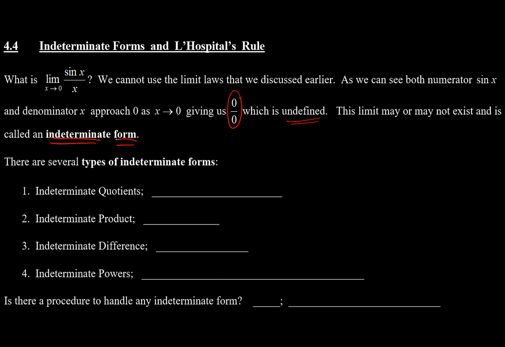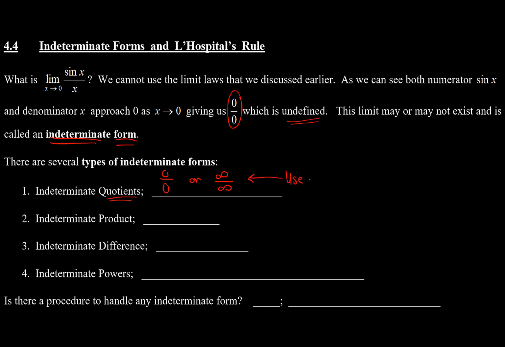All right, but these indeterminate forms are very prolific. We have a bunch of them. And whenever you get indeterminate forms, you need to do math, smoke, and mirrors in order to simplify them. So the first type of indeterminate form is an indeterminate quotient. For example, 0 over 0 or infinity over infinity.